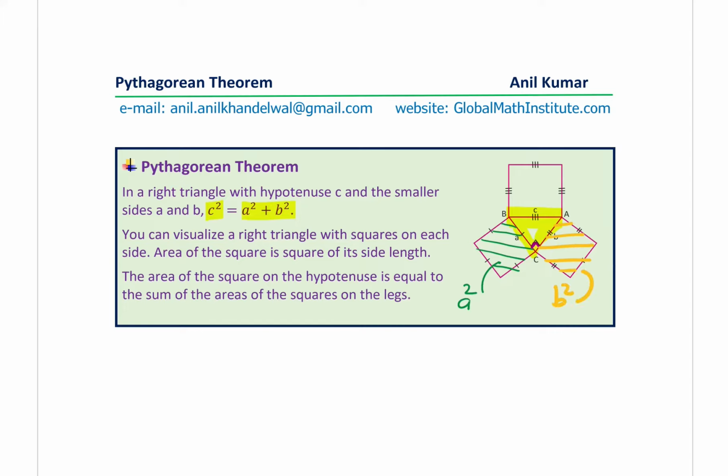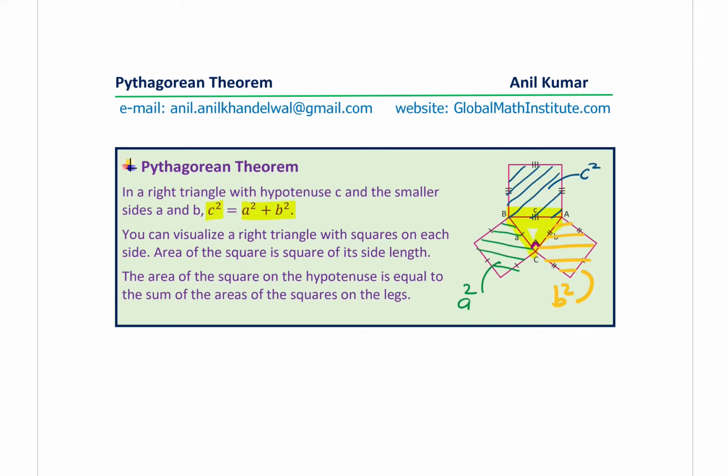And on the side of the hypotenuse, the third and longest side, we'll have a square whose area will be c². So these areas are actually related: a² + b² = c². That is what the Pythagorean theorem is.